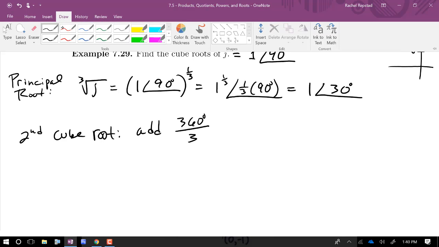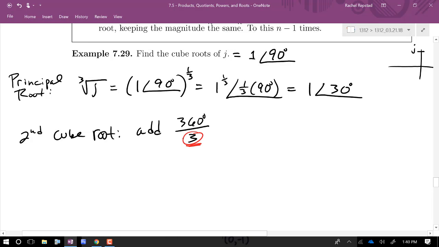We're adding 360 over 3 because there are cube roots. If I were finding the 5th roots, I'd add 360 over 5. If I were finding the 7th roots, I'd add 360 over 7. So we add that to the angle, which means we're adding 120 degrees to the angle.